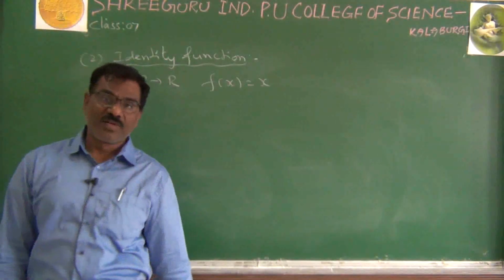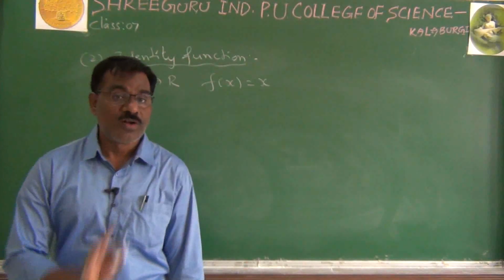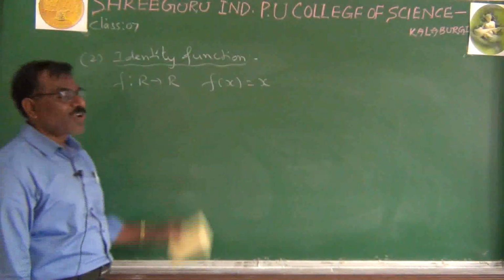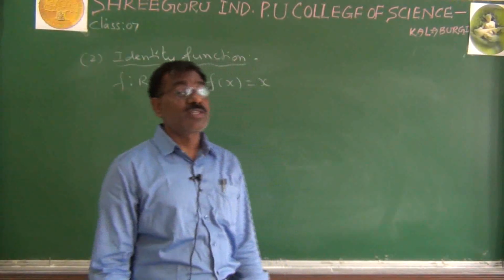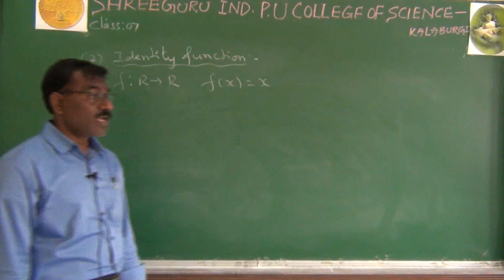In place of x you can write c, that is called a constant function. This is called identity, and most students don't know the identity function. F of x is x.